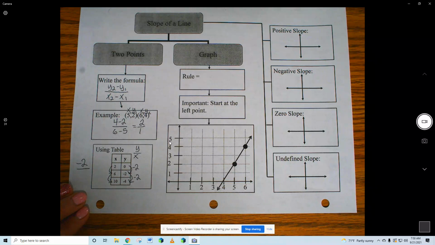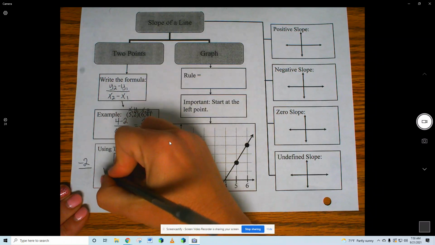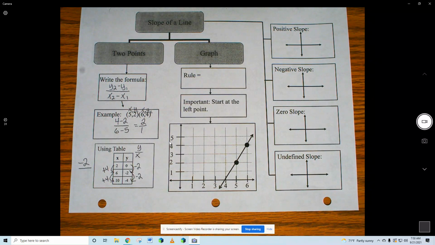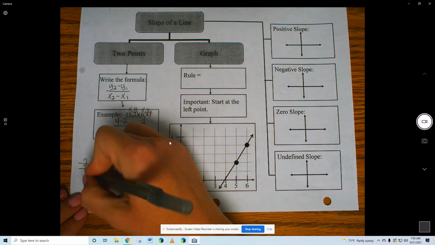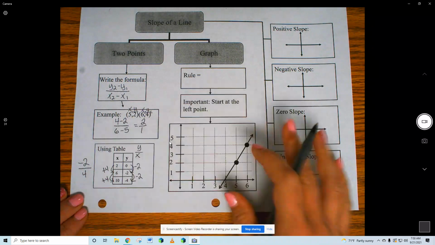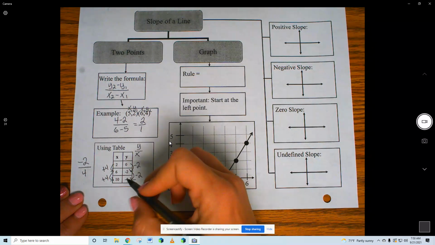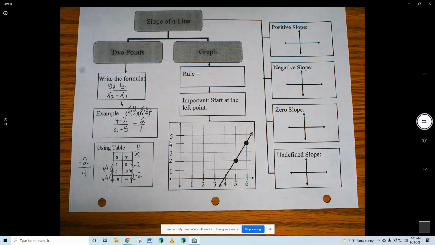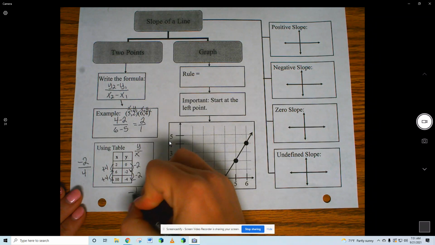Ooh, what's that? +4. Y over x. -2 over +4. That simplifies to what? New volunteers. I'm hearing the same voices. -2/4 reduces to, yep, -1/2.